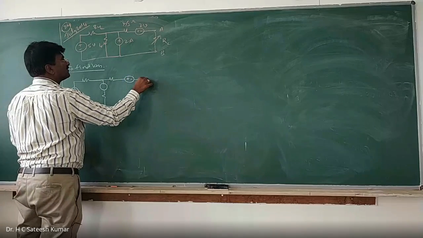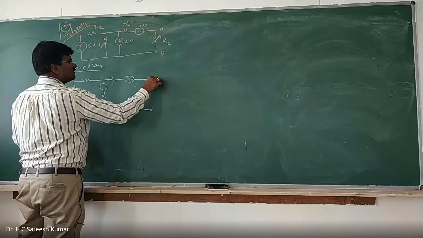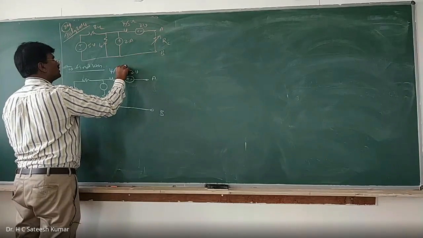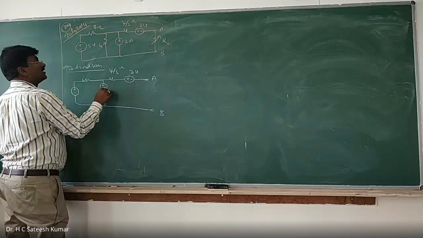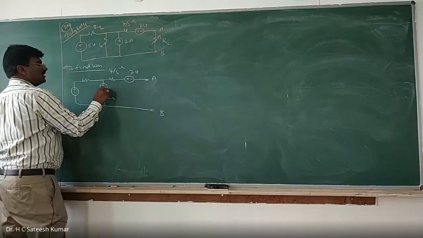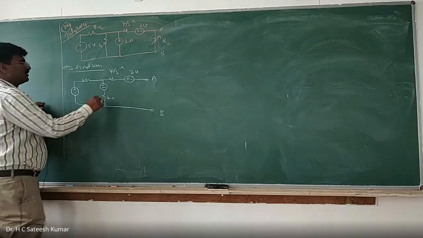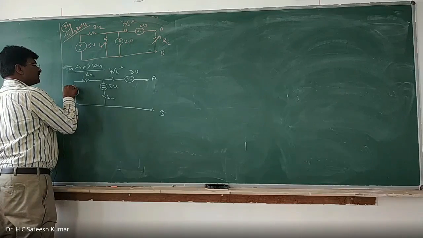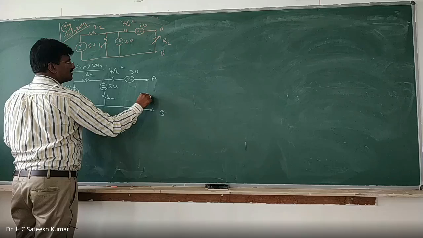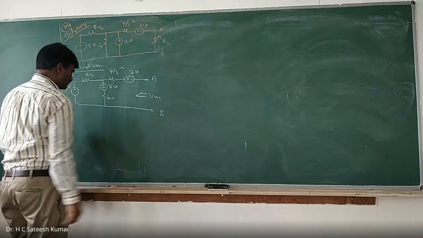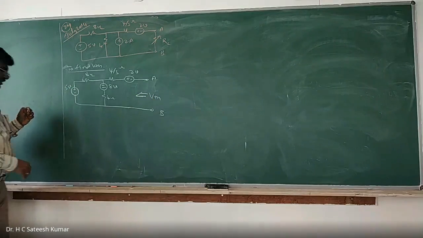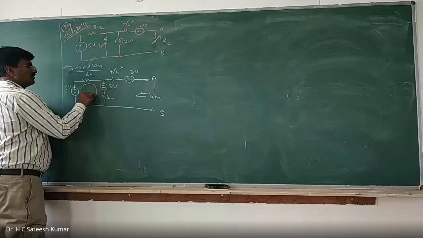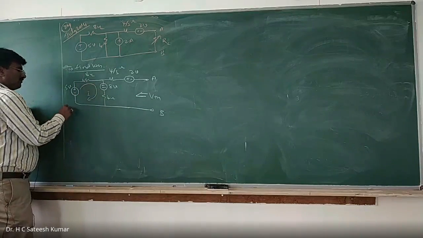Plus minus, this is A, this is B, 2 volts, 4/3 ohms, and plus minus 4 ohms. V is equal to I into R, 8 volts, 8 ohms, 5 volts. That is your VTH. Now from A to B we go. First apply KVL.